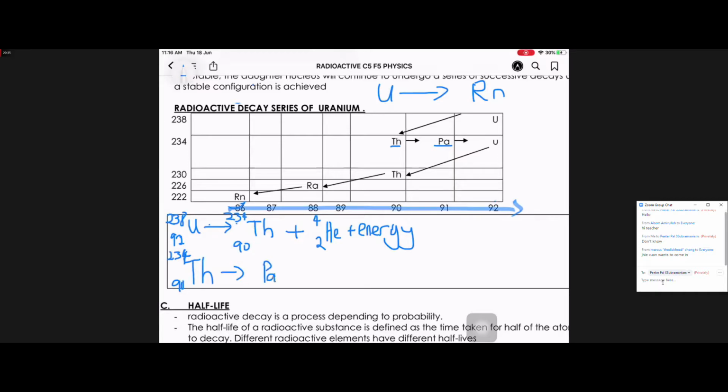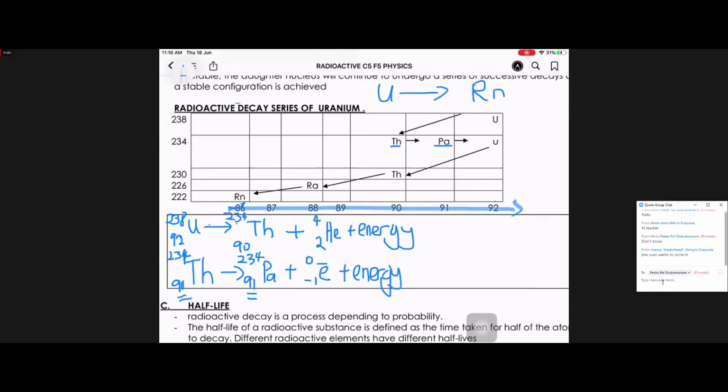Pa, when I check, it is 234, 91. Plus 234 = 234, so 0, minus 1 plus 91 is 90. This is beta. This is beta plus energy. This is how we write.